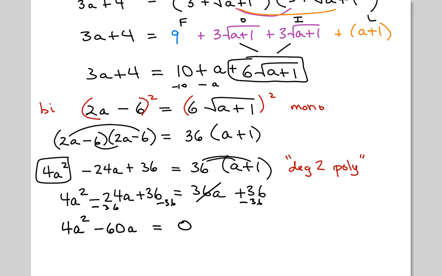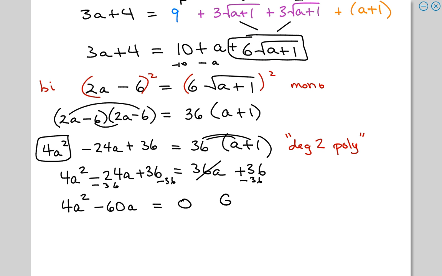And now this one's very easy to factor because there's no c value. So it's not one of those ones where you have to find the magic numbers. All you can do is the GCF factoring. That's all you can do. So what can you take out? Probably a 4a, and you get a minus 15.